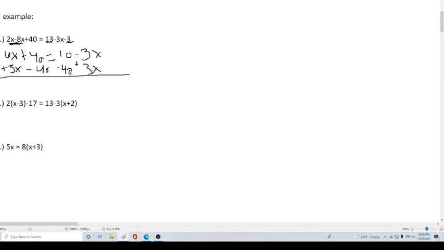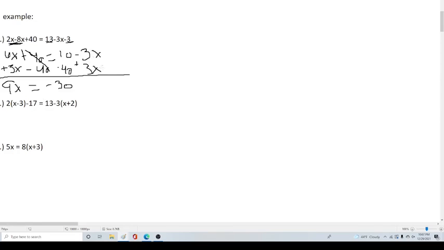So 6x plus 3x, that's 9x. Plus 40 minus 40, that cancels out. And the equal sign comes down. 10 minus 40, that is minus 30.